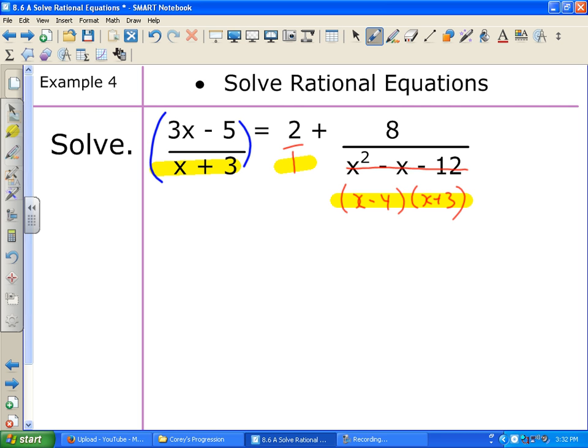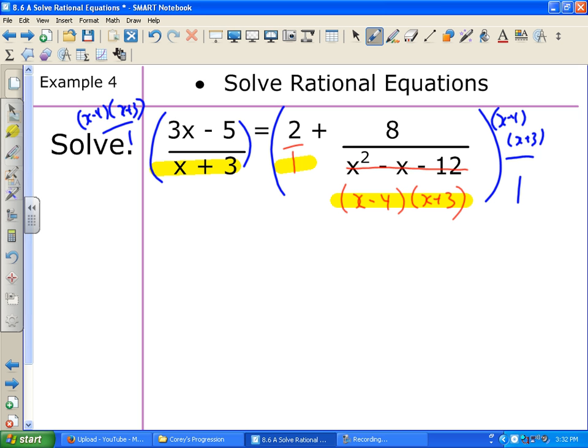In this case, the common denominator is going to be x minus 4 times x plus 3. Again, both sides times x minus 4 times x plus 3.